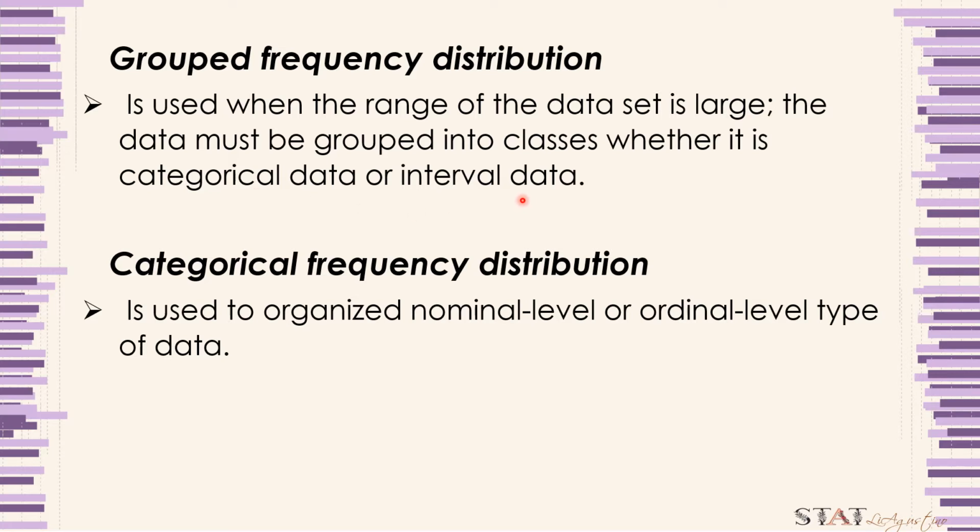I believe you know already what are the categorical data and the interval data based on our previous topics in our Module 1. So for example, in each course or program, in financial management, how many students are there? In theology, how many students are there?